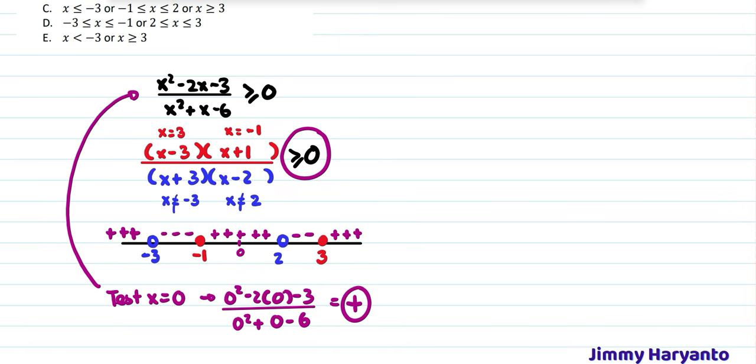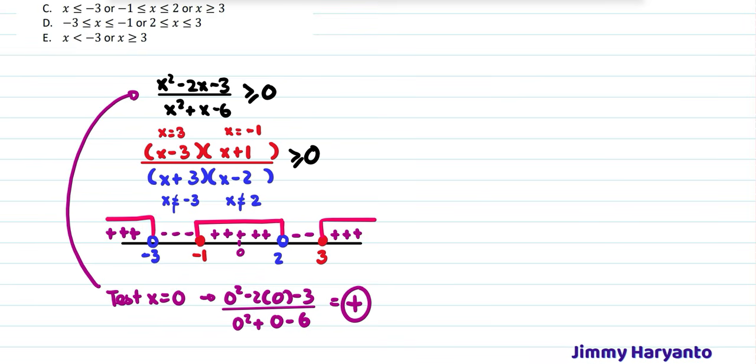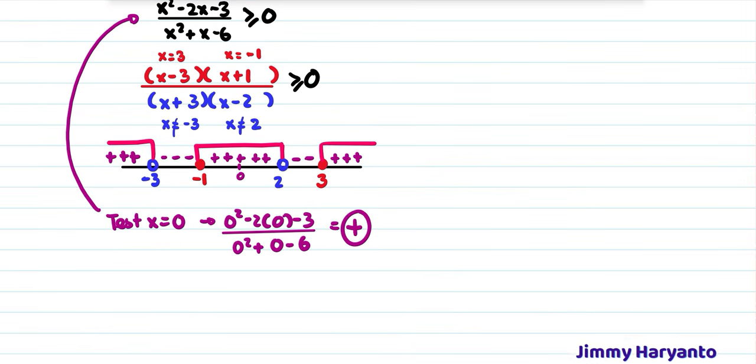And because we want to find the values greater than 0, that means we have to take the positive ones. This, and this. Okay, let's translate this first. X to the left of negative 3 means x less than negative 3. The right one, in between negative 1 and 2, means like this.